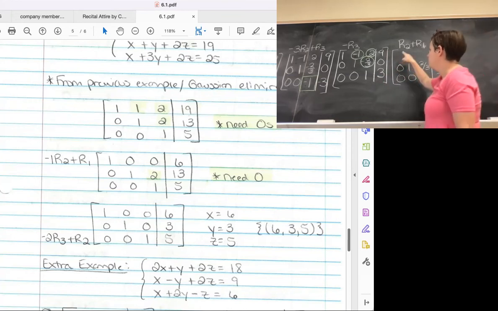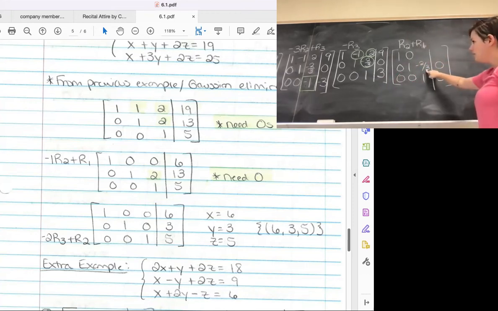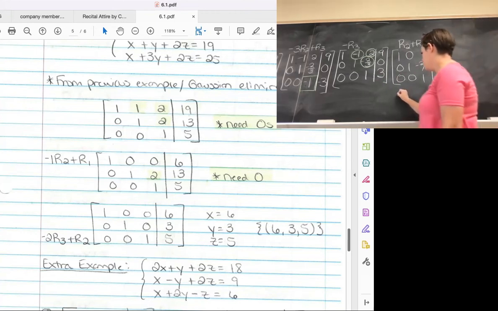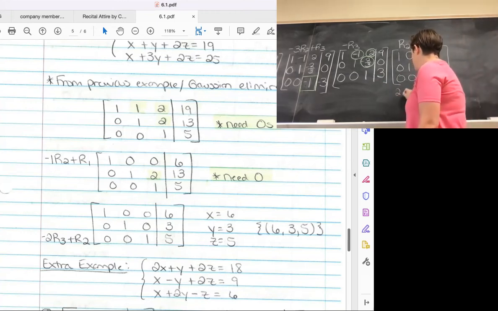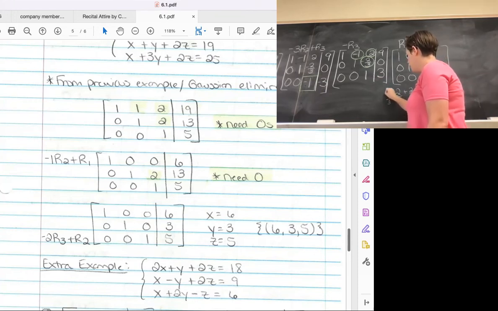So 0 plus 1 is still 1. 1 plus -1 will give me 0. -2/3 plus 2, well, let's go down here. 2 plus 2/3, that would be 2 over 1, so I need that to be over 3.